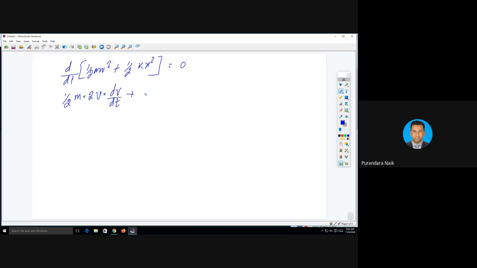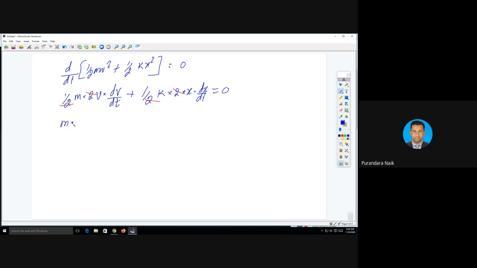Plus half into k, which is constant, into the differentiation of x square, 2 x dx by dt, is equal to 0. The 2 will get cancelled, right? Here, the final equation.